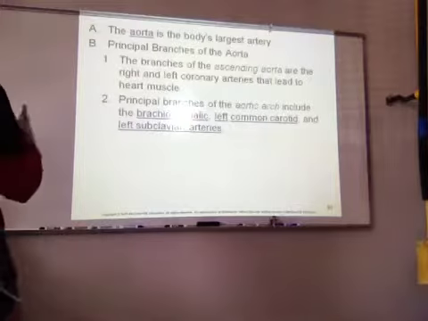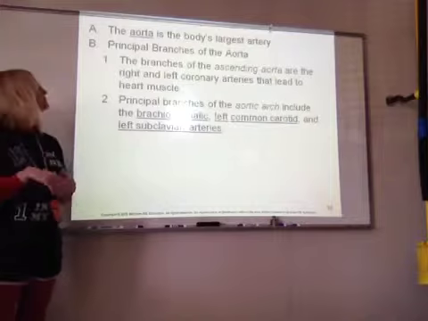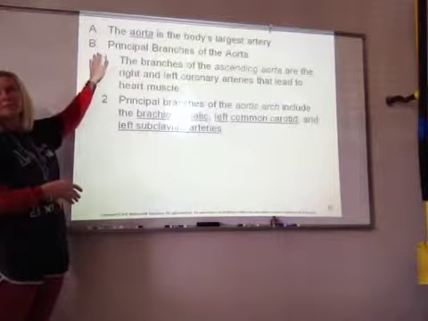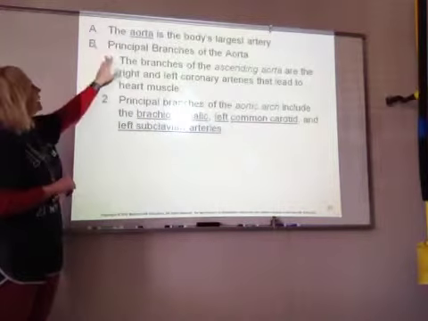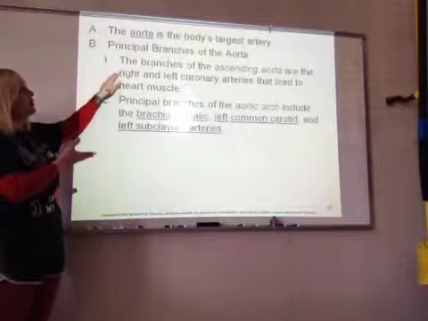So now as we start to look at specific labeling of arteries and veins. The aorta, the largest artery. This whole page you're responsible for knowing. The aorta you should be able to pick out. Principal branches: the ascending aorta is going to go up.